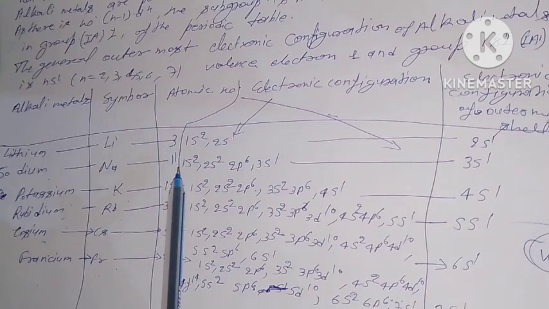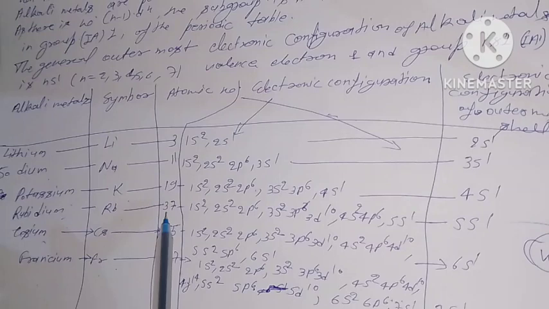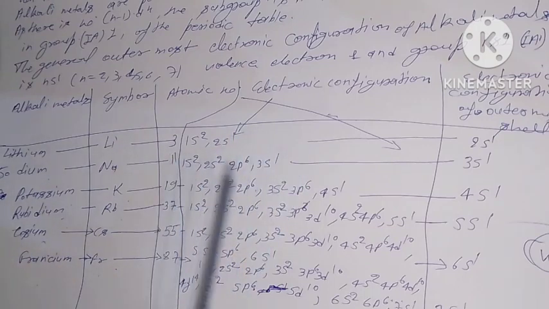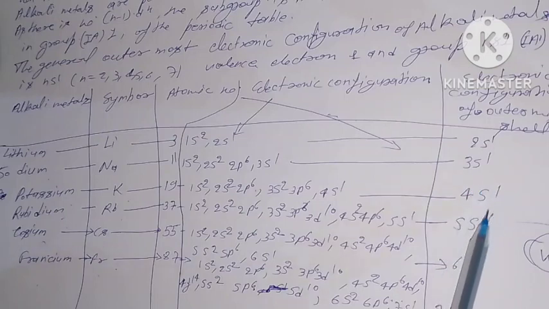The outermost configurations are 2s1, 3s1, 4s1, 5s1, 6s1, and 7s1.